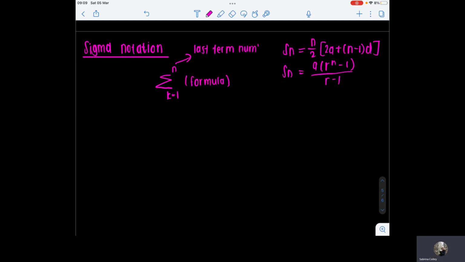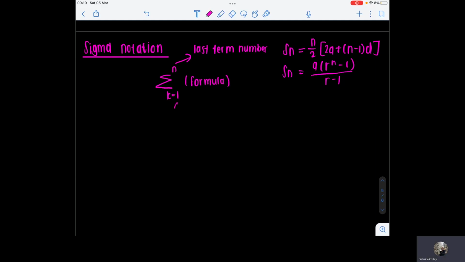Not my last term, my last term number. So if I give you a series 2, 4, 6, 8, 12, and I end there, this is term 1, term 2, term 3, term 4, term 5. This n will be my last term number, so 5. It won't be 12. It's not telling me my last term, it's telling me my last term number. So just important to know the difference.